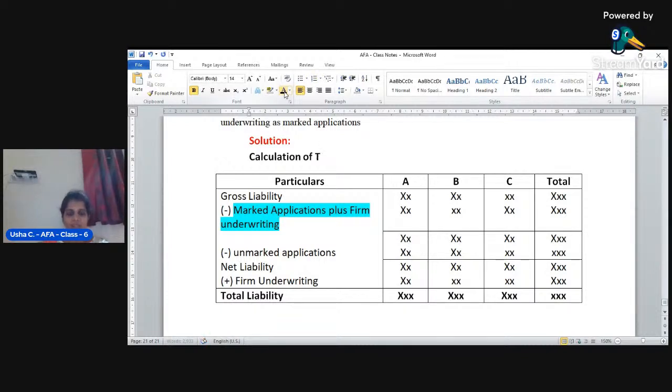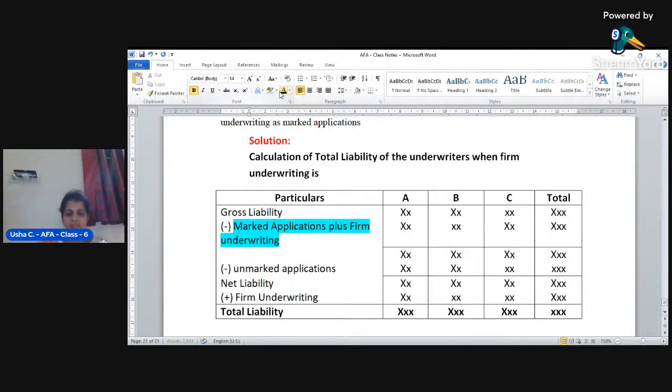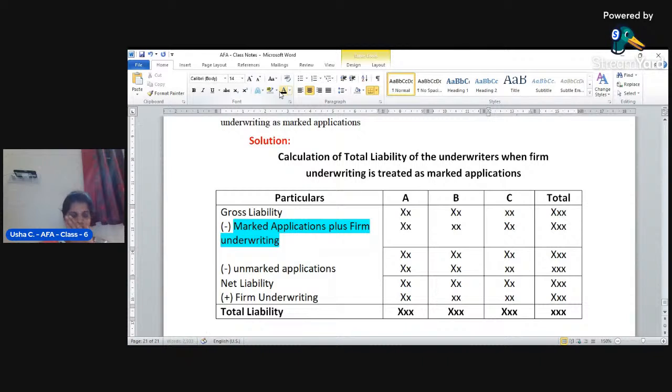Calculation of total liability of the underwriters when firm underwriting is treated as marked applications. Okay.